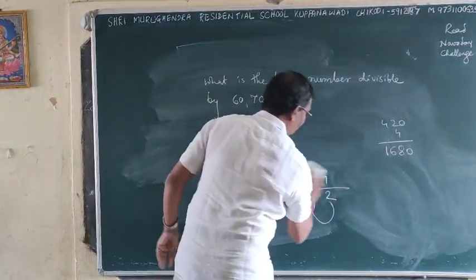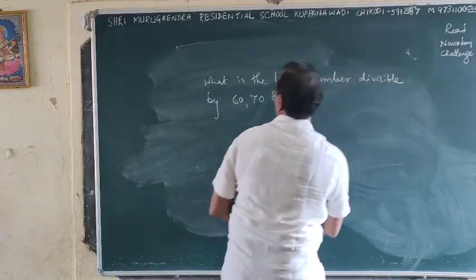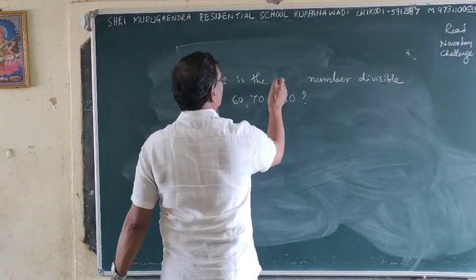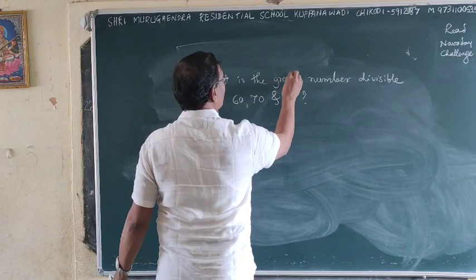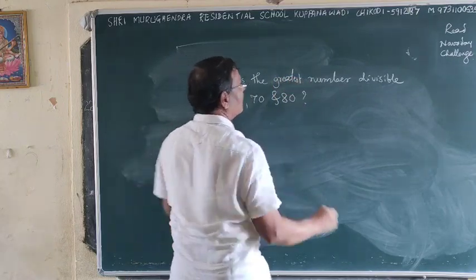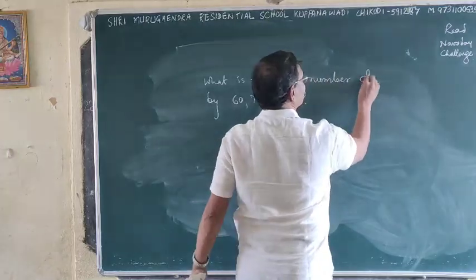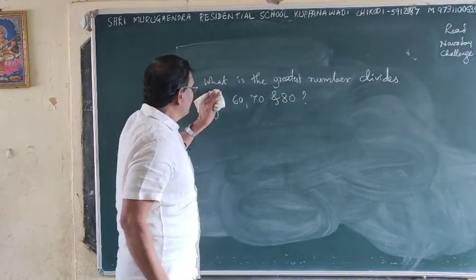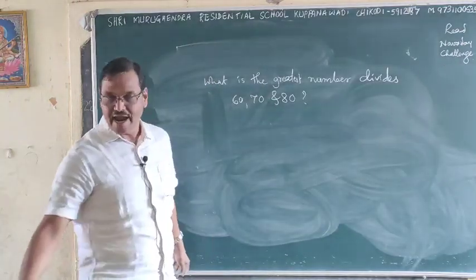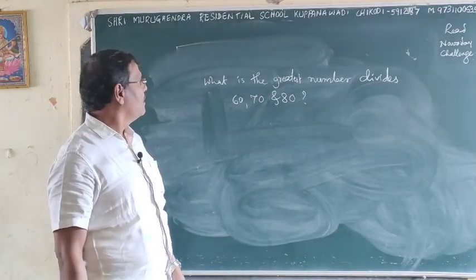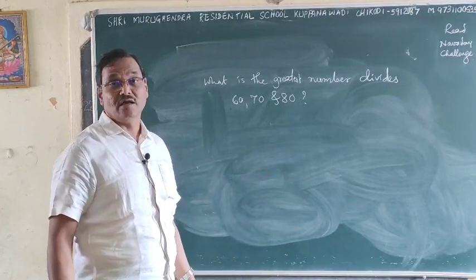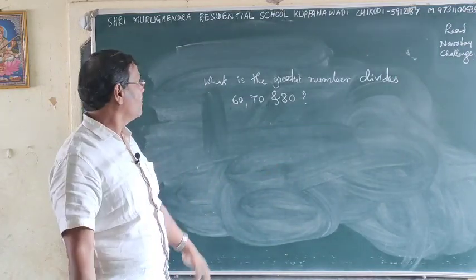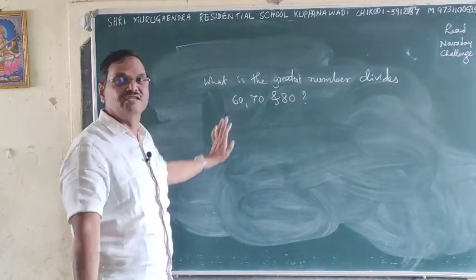Then if it is asked like this, what is the greatest number that divides 60, 70 and 80? Then here HCF is not asked, whereas you have to follow that here it is an HCF.